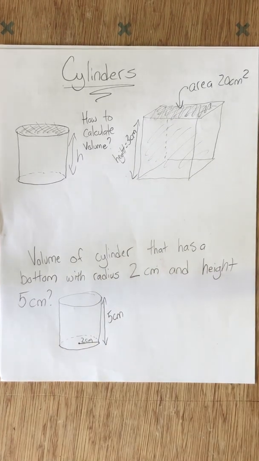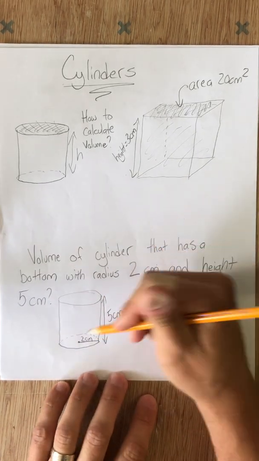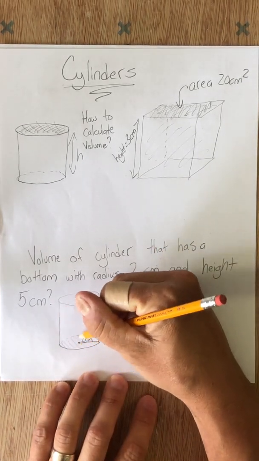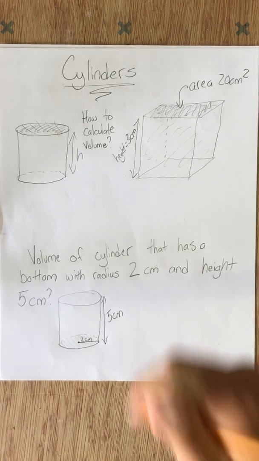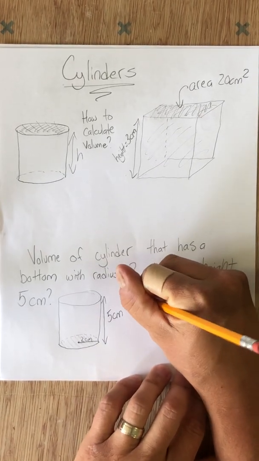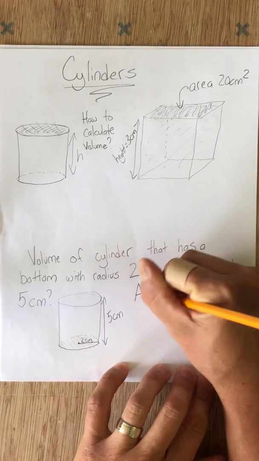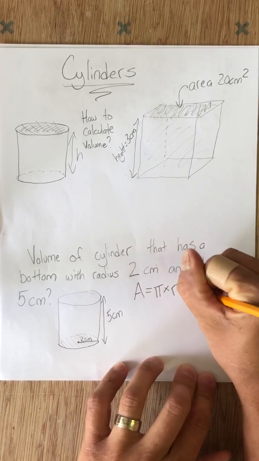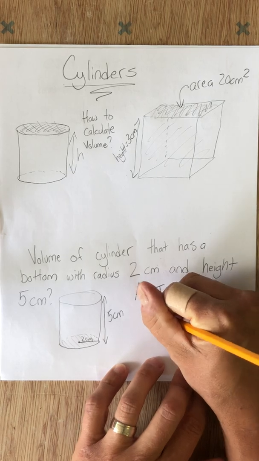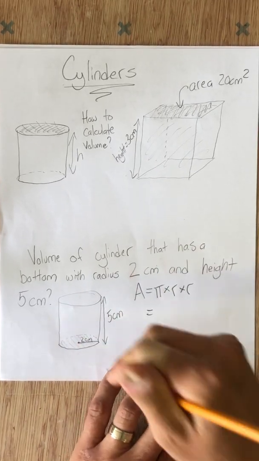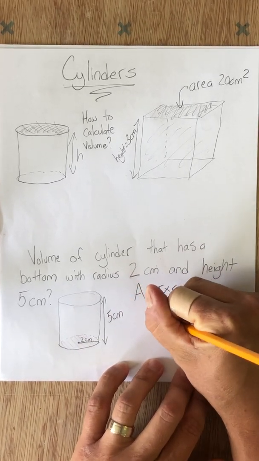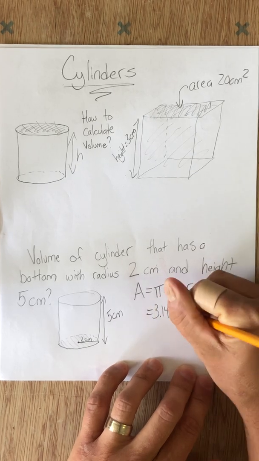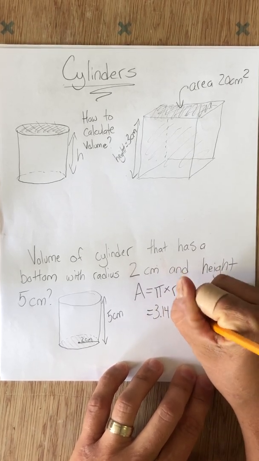So how are we going to find out the volume? Well, the first thing I need to do is find the area of my base. So what are we doing here? We're finding the area of a circle. Remember, the area of a circle is pi times radius squared, or we write it as pi times radius times radius. I know my radius is 2 centimeters, so I do 3.14 times 2 times 2.